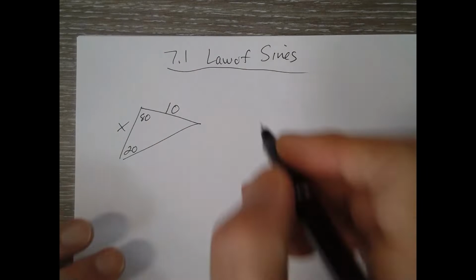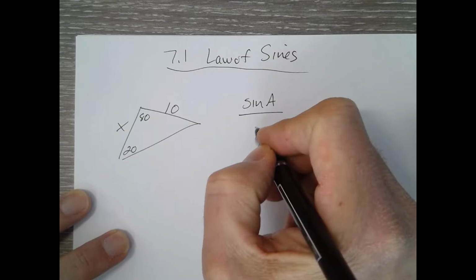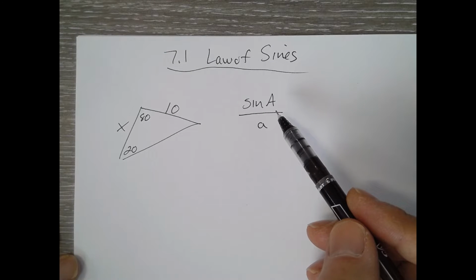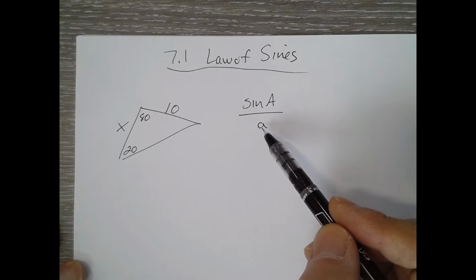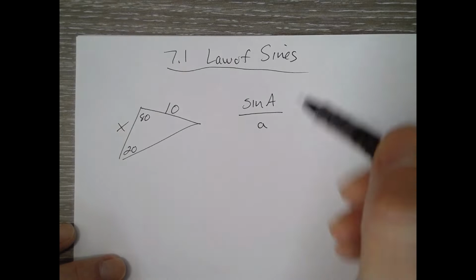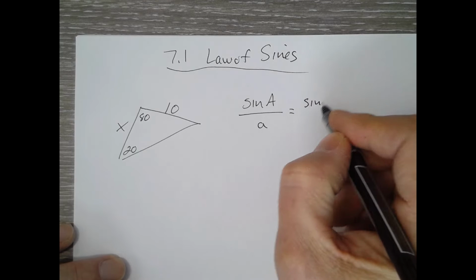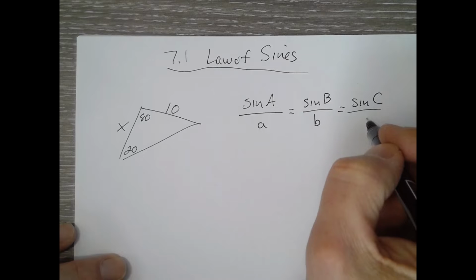And if you have sine of A over little a, so large letters, or capital letters, represent angles, and little letters, lowercase letters, represent sides. Sine of A over a is always going to equal the sine of B over b, and it's always going to equal the sine of C over c.